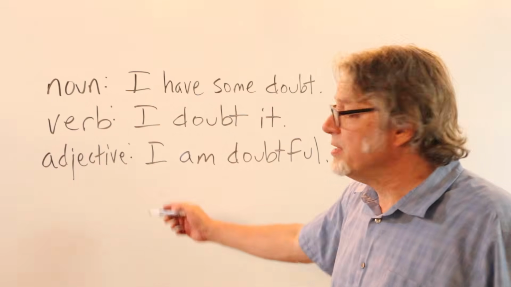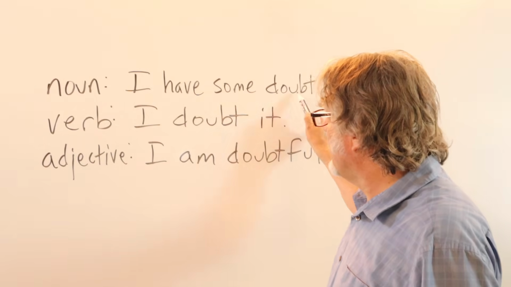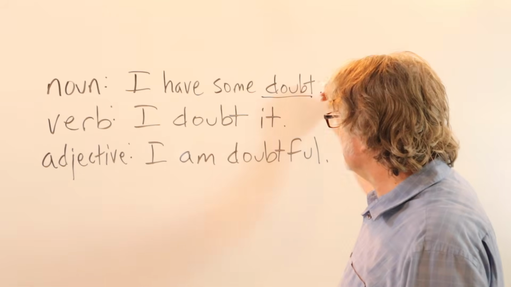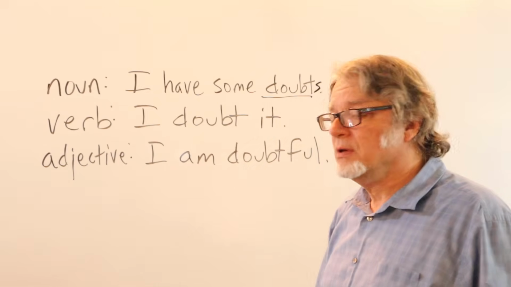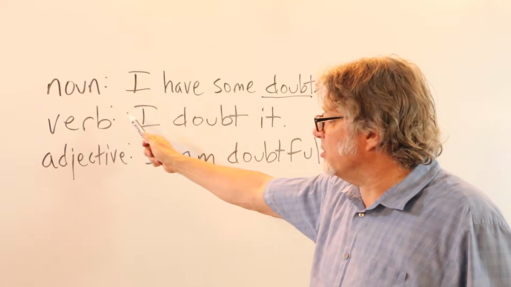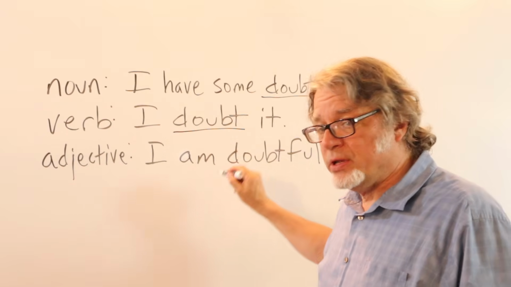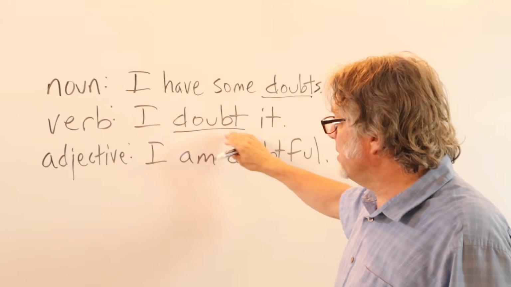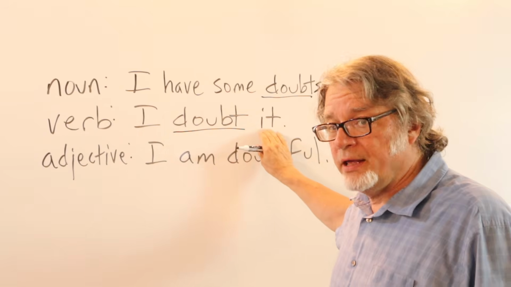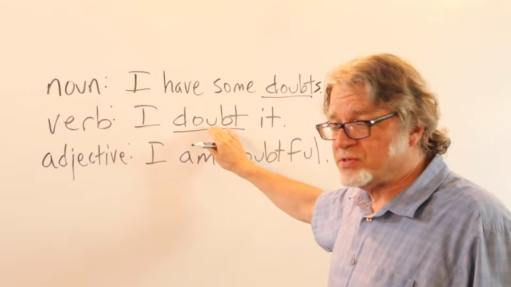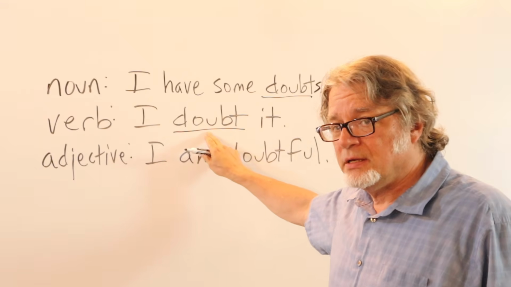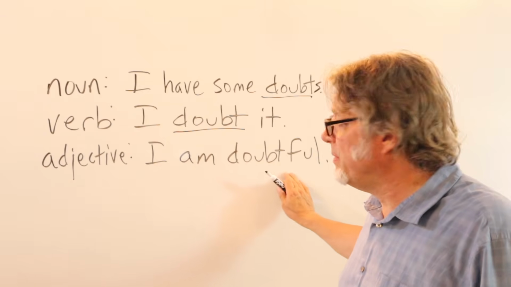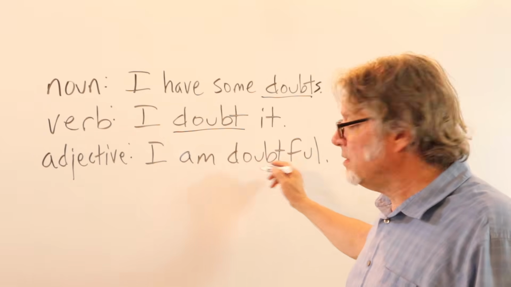Here's the word doubt as a noun. I have some doubt, or you could say I have some doubts. As a verb, I doubt it. Here's the subject, here's the verb, and it's often followed by an object if you use this as a verb. And in this sentence, here's the adjective form, I am doubtful.